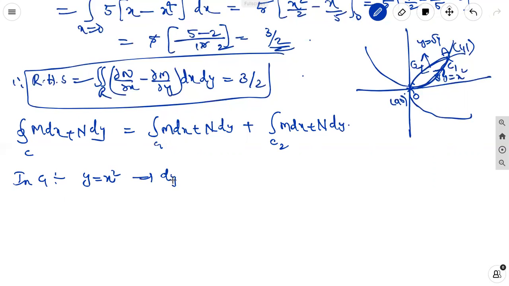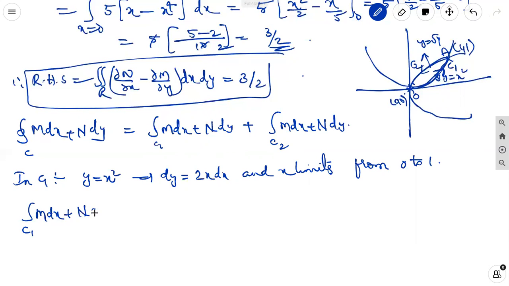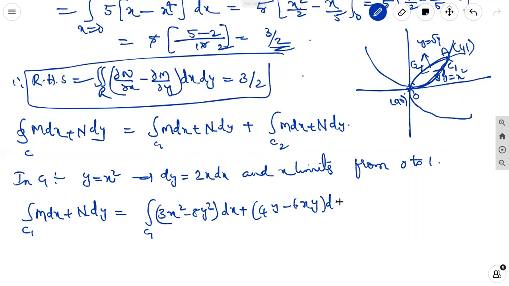From this, dy is equal to 2x dx and x limits from 0 to 1. Therefore, the integral over C1 of M dx plus N dy is equal to the integral over C1 where M is 3x square minus 8y square into dx plus N is 4y minus 6xy into dy.